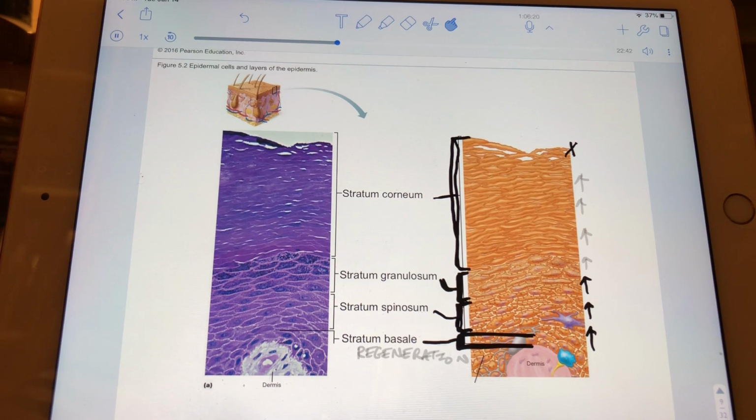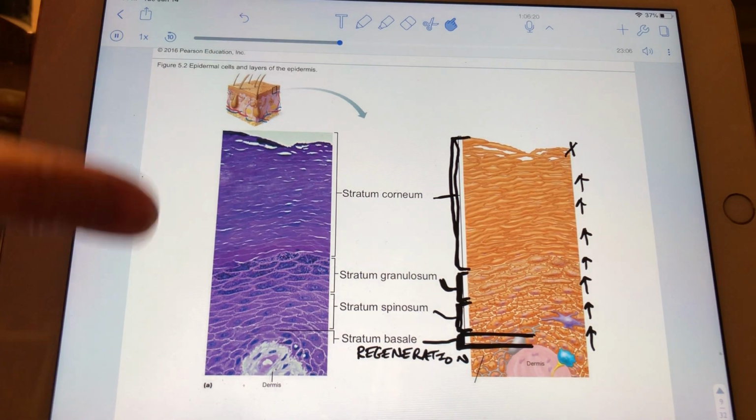And because stratum basal is continuously performing regeneration, we have this continual aging and moving process where keratinocytes are being shunted toward that apical surface.